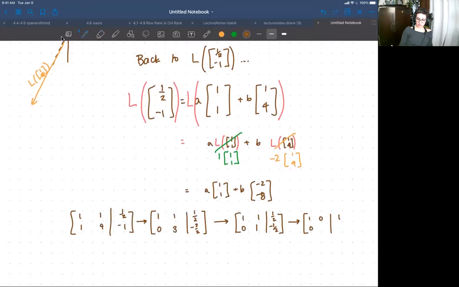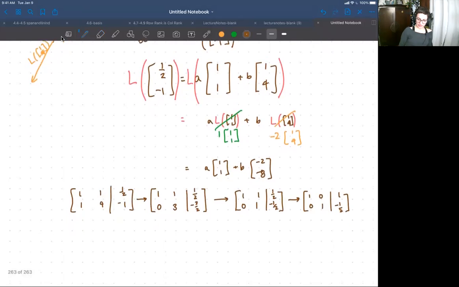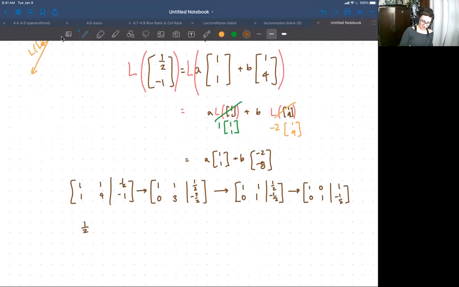And this is still 0, 1, -1/2. So this tells me, and hopefully I did this correctly, that (1/2, -1) is going to be 1 copy of (1, 1) minus 1/2 copy of (1, 4).